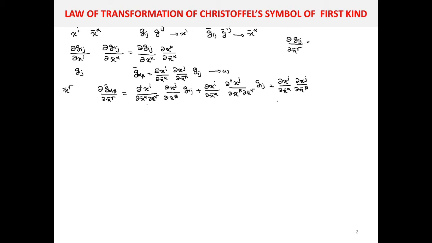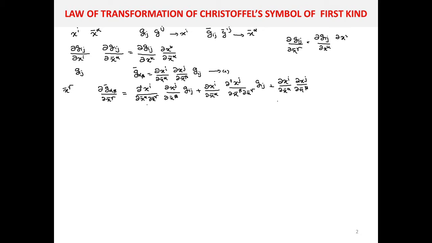Since g_ij is a function of the x^i coordinates, first you have to differentiate this function with respect to the unbarred coordinate system. We have already used the letters i j, so let me use a new letter k, so it can be written as dou x^k.